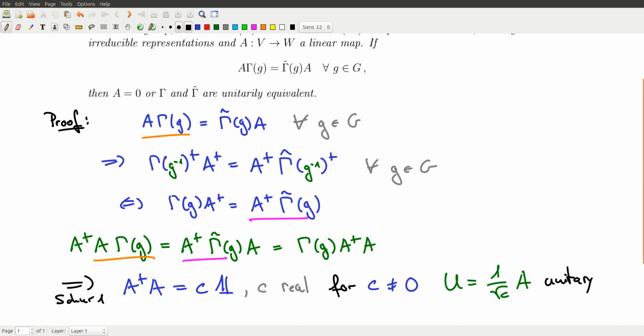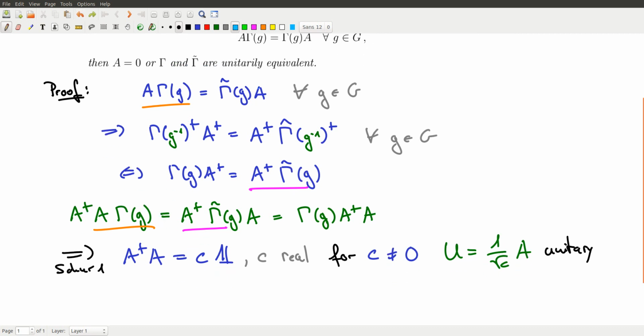Why is that? Just divide this equation here by C, put one over square root of C to each of the factors here, and then we see that U dagger U is the identity. So this is unitary, and now we go back up here and divide this equation by square root of C. So then we have that the A's become U's.